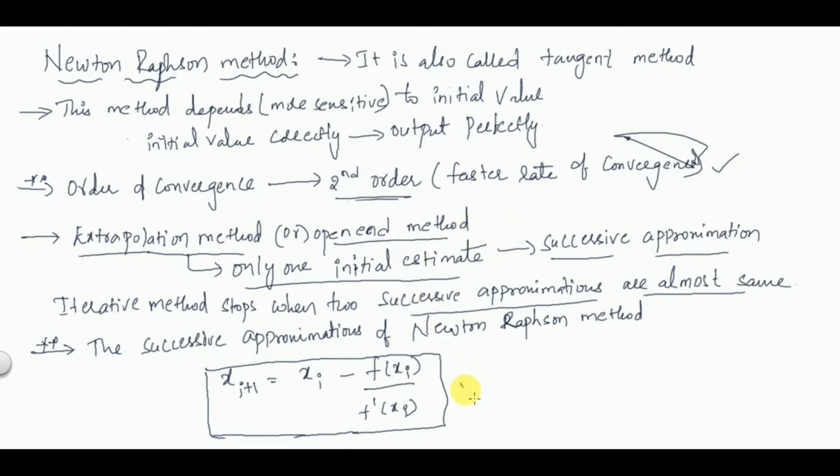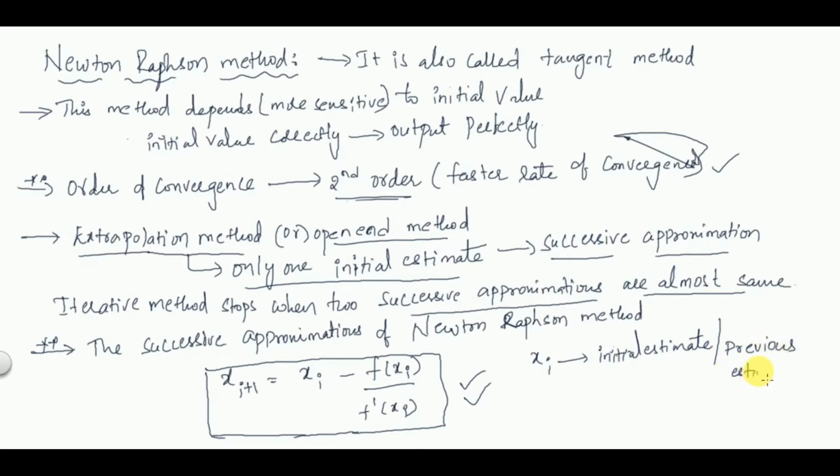Okay, so this is the iteration method formula, x i plus 1, where this x i is the initial estimate or previous estimate.